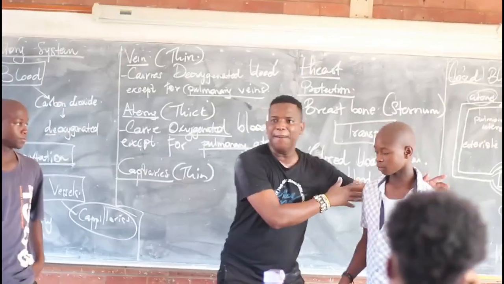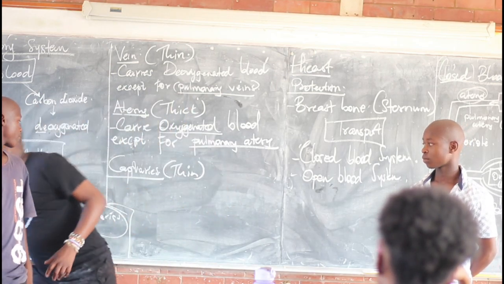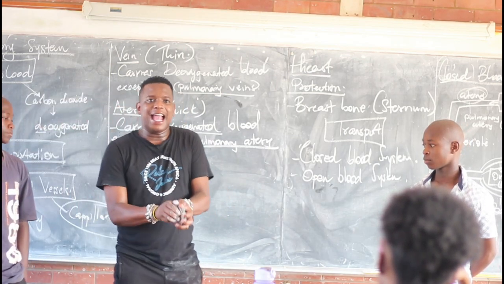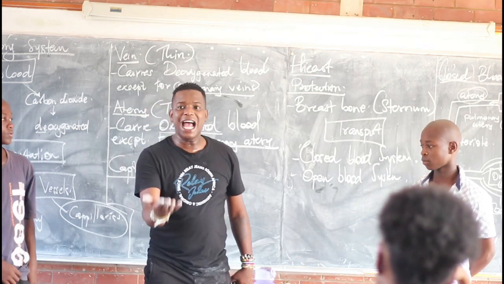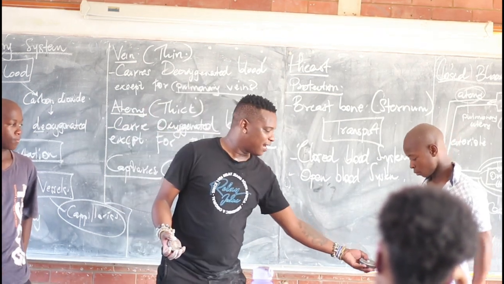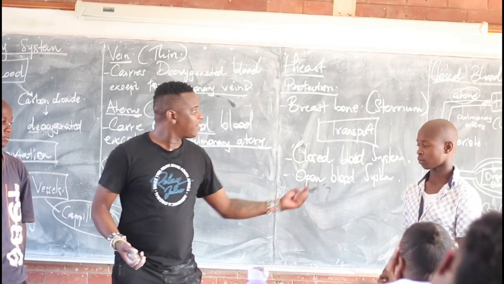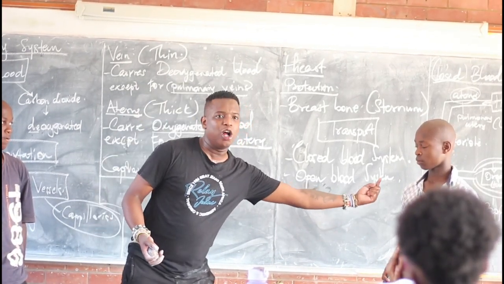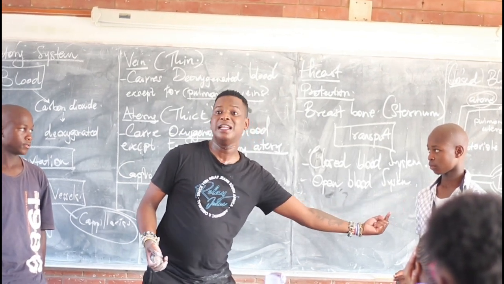So this one is coming to me as the lung. In the lung, I have oxygen. As I have oxygen, this one has what? Carbon dioxide. So this one is the pulmonary artery. Along the way they branch and become the arterioles, and then the capillaries.